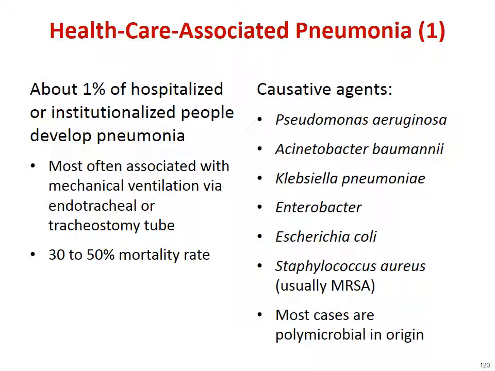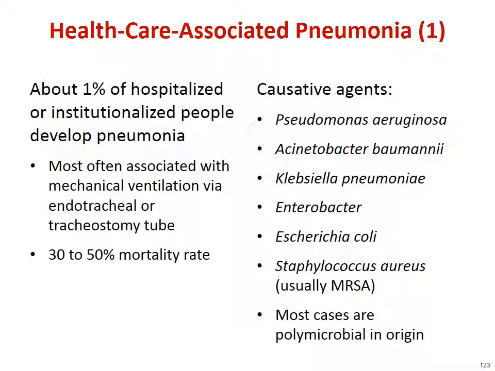On to healthcare-associated pneumonias. As we said before, healthcare-associated infections are actually pretty common, and pneumonias are actually still very common here. There's an estimate that around 1% of anybody going into the hospital will develop pneumonia that is a result of being introduced to pathogens in the hospital. And so with this, these people typically have a very high mortality rate, so around 30 to 50% of these people die.